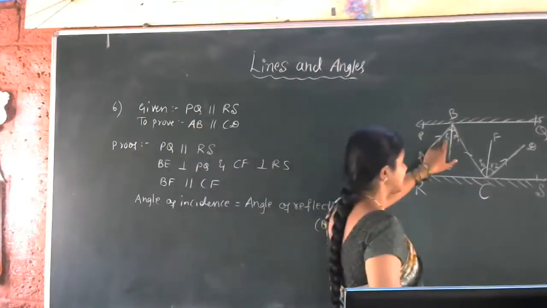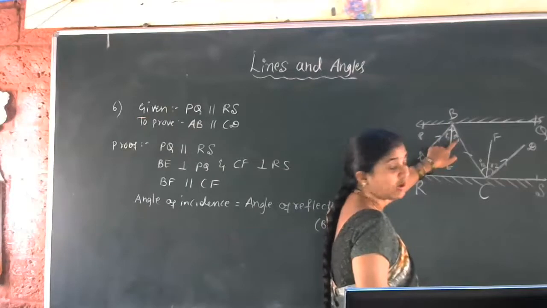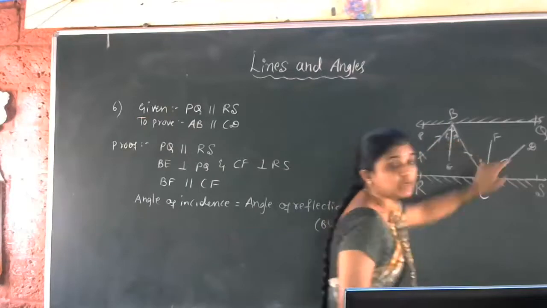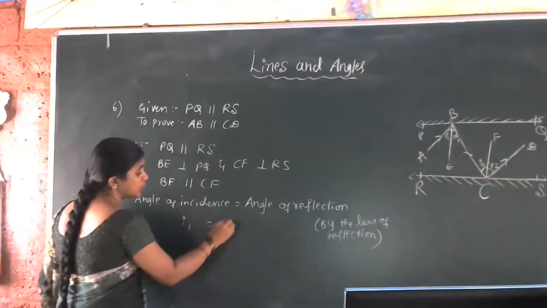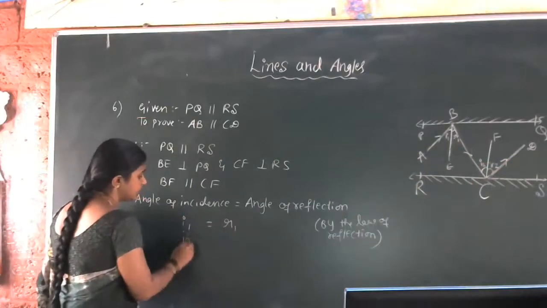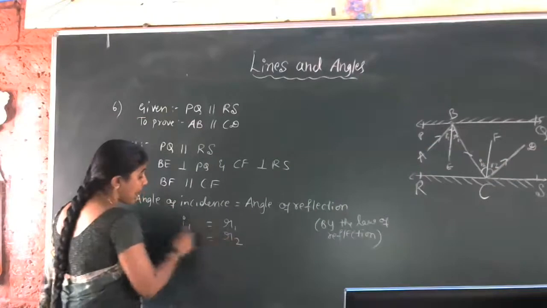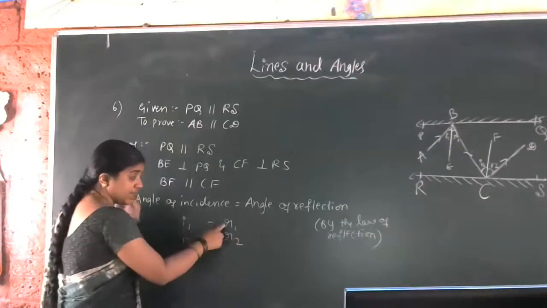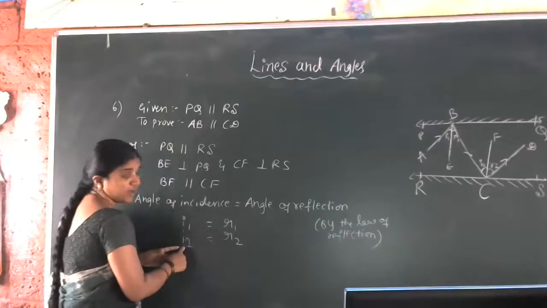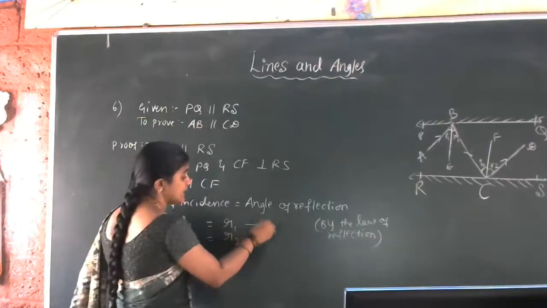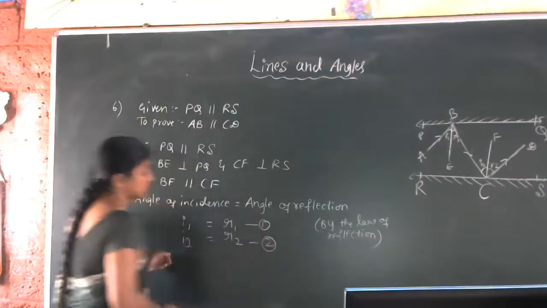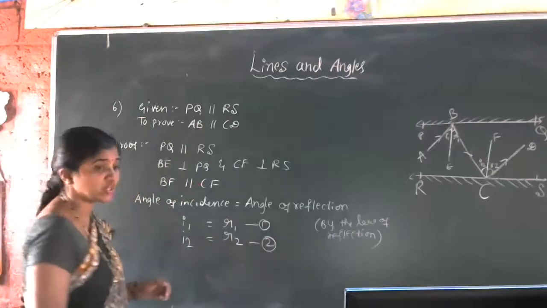According to that condition, I1 is equal to R1 and I2 is equal to R2. Let us write that down. I1 is equal to R1, then I2 is equal to R2. Angle of incidence is equal to angle of reflection. Let us take these as equation number 1 and equation number 2.